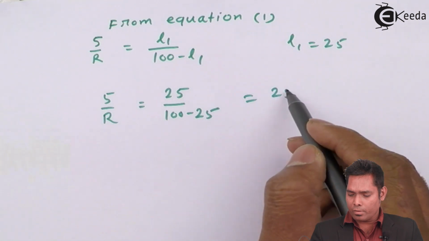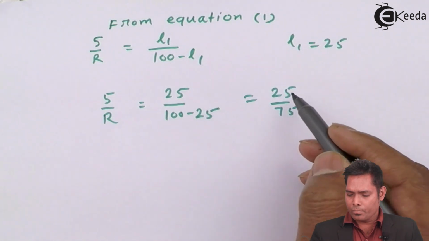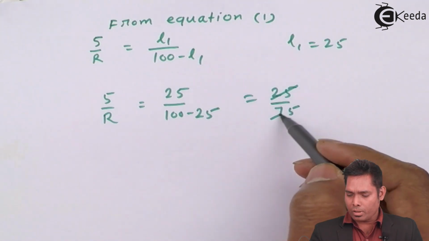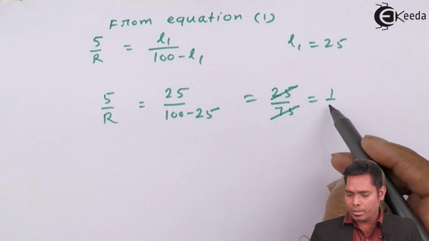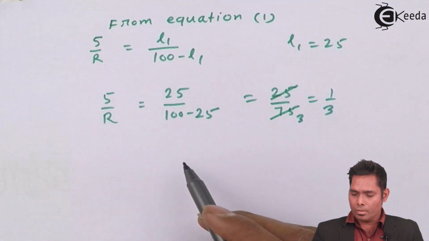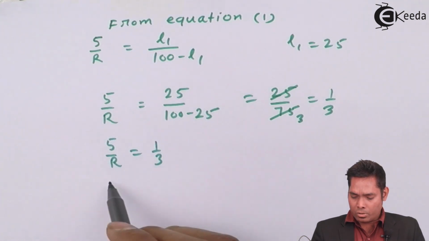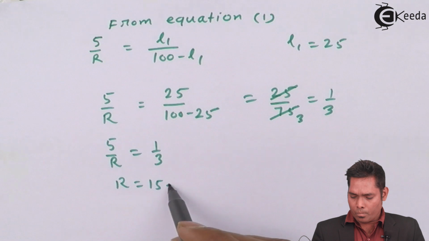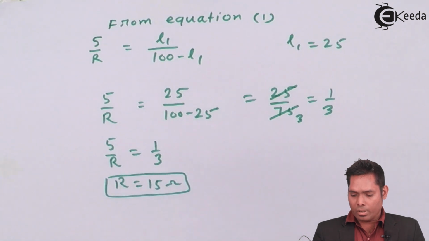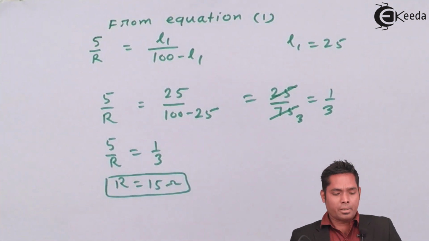This is 25 divided by 75, which is 1 by 3. 5 over R is 1 by 3, so R is 15 ohm. This is the answer to this question. R is 15 ohm.